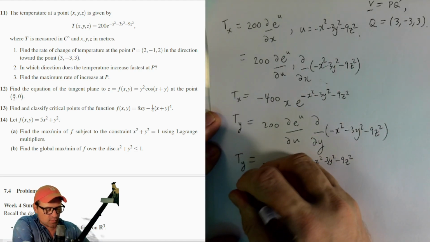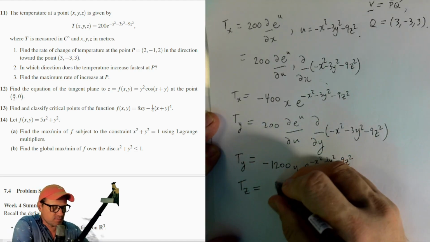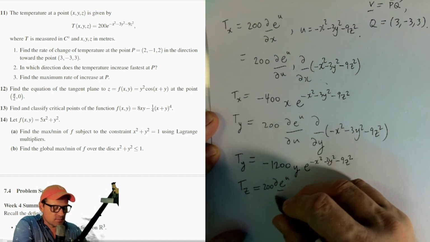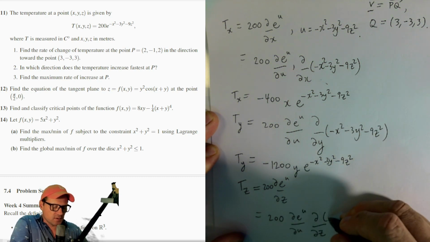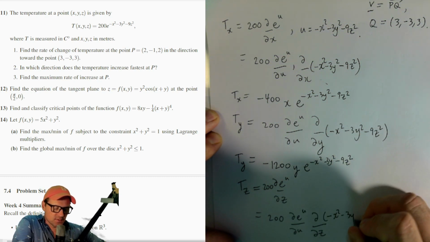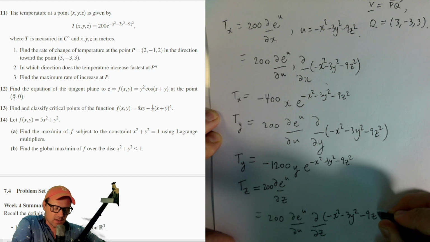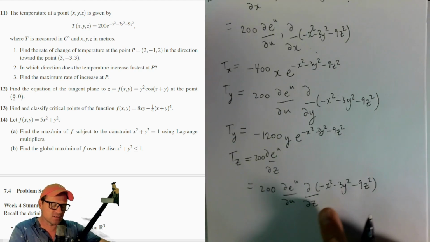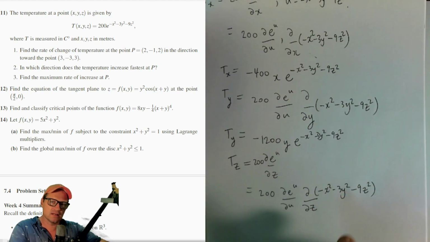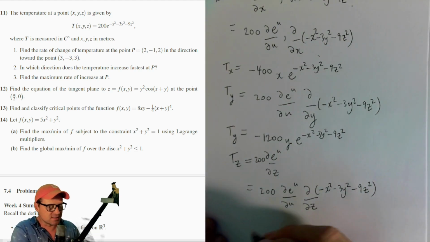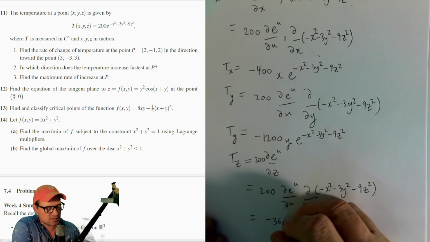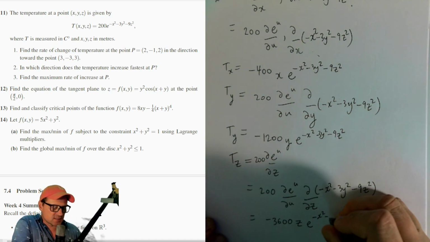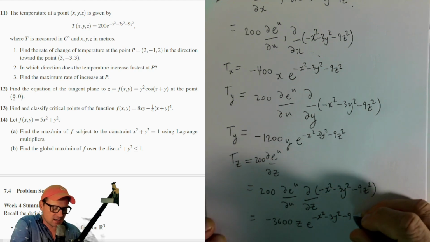Now T subscript z is the partial derivative with respect to z of e to the u. Using the chain rule, we differentiate minus x squared minus 3y squared minus 9z squared with respect to z partially. So 9 times 2 is 18, so this derivative is minus 18z. 18 times 2 is 36, so minus 3600z e to the power of u, where u is minus x squared minus 3y squared minus 9z squared.